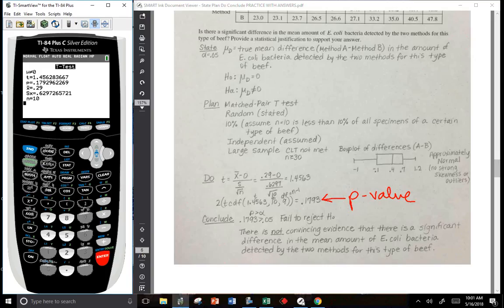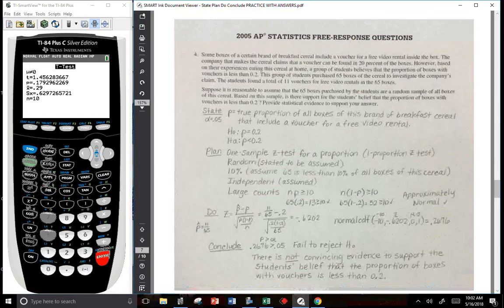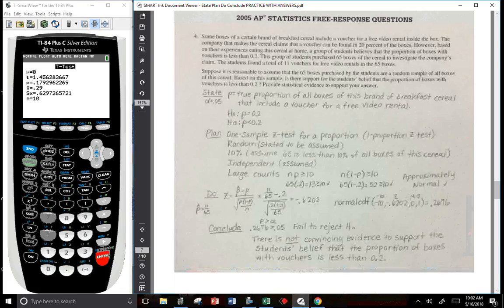And then you have to prove your large counts. This one does work, okay? Large counts for proportions. Pay attention to this real quick. You're going to use P, not P hat. If you're proving large counts for a confidence interval, you do use P hat. But if you're running a test, you should be using P, which is the same thing you put in your H0 and HA.